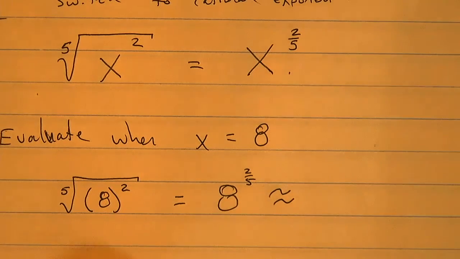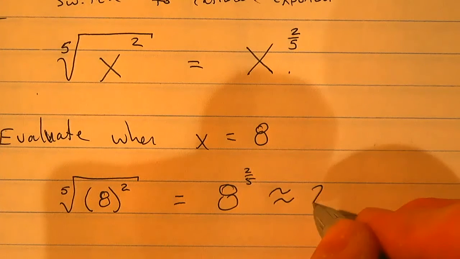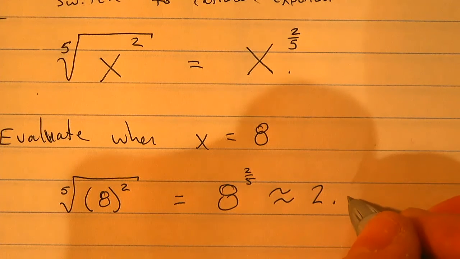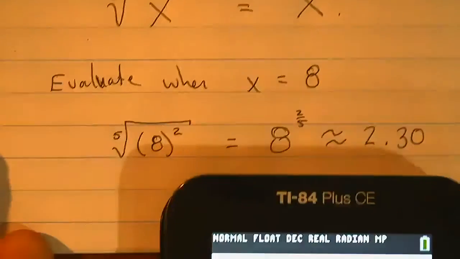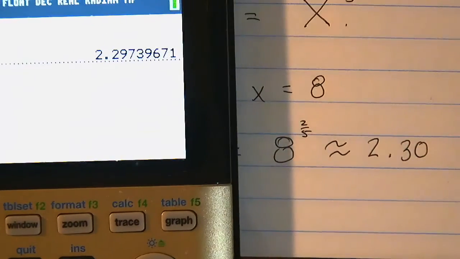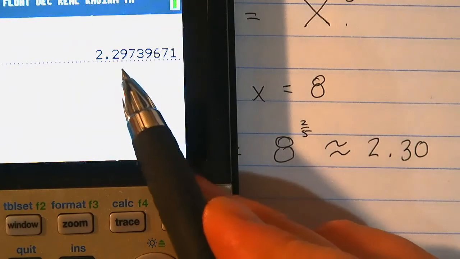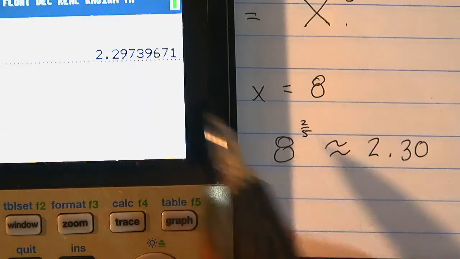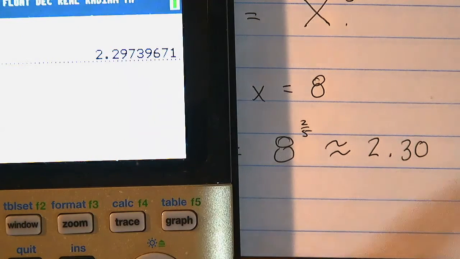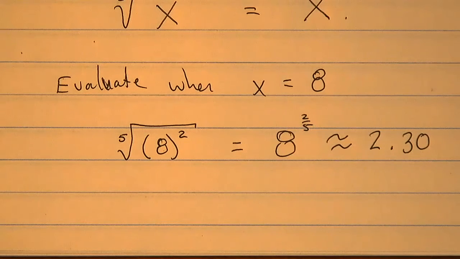It's approximately, well, it's about 2.30. If I round this off, the 7 makes the 9 round up. If the 9 rounds up, it's going to bump into the 2. So I get approximately 2.30. Okay? And so that's one way that I could do it.